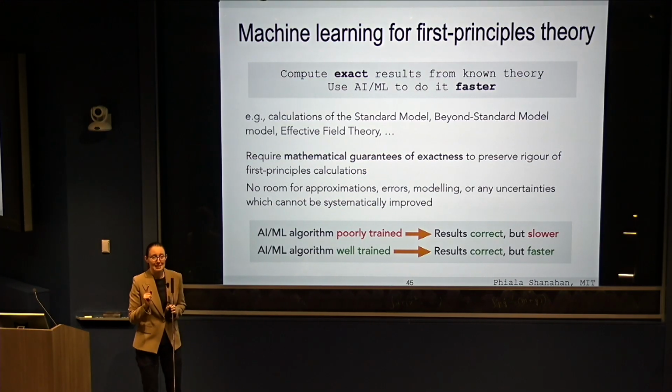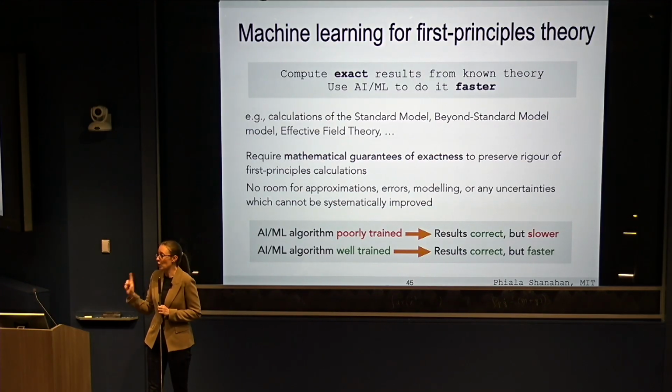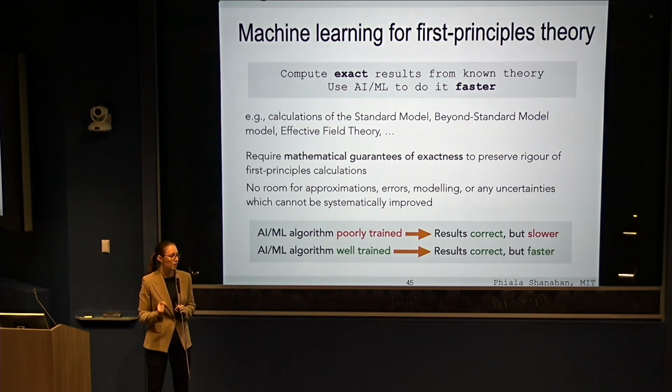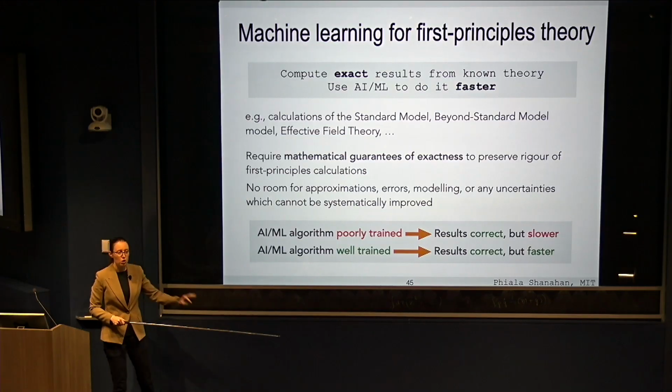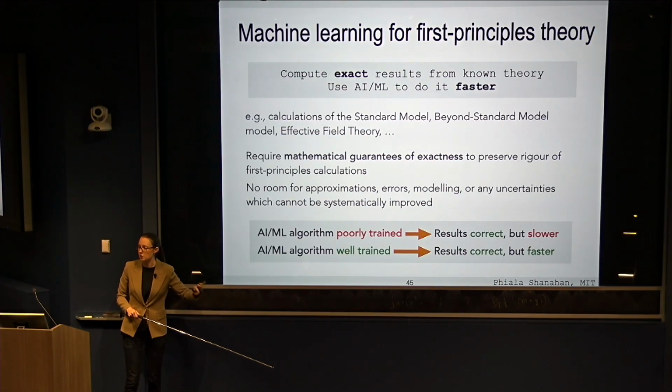What that means is that the machine learning can do one thing and one thing only for me, and that is get the answer faster. I'm doing an integral. If the answer to my integral is 2, it has got to be 2, whether I use machine learning to get it or not, right? What that means is that we have no room for modeling, approximations, errors, systematic uncertainties.